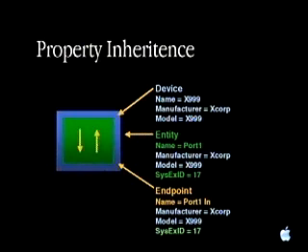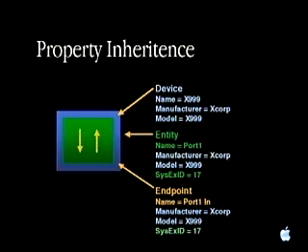An important feature of the property system is that properties are inherited down the hierarchy from devices to entities to endpoints. So in this example, you can see that the device, the entity, and the endpoint all have different names. The device's name is X999, the entity's name is Port 1, and the endpoint's name is Port 1 In.